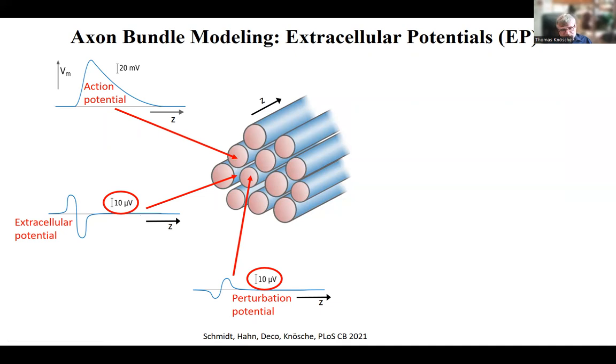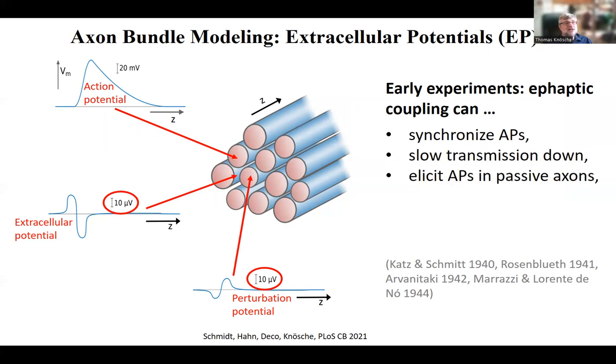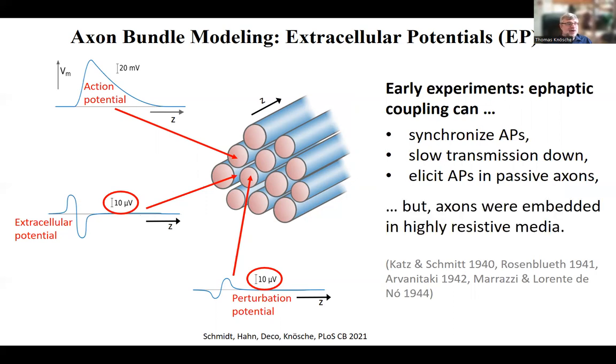On the other hand, early experiments in the 1940s have shown that ephaptic coupling actually exists and can synchronize action potentials, slow transmission down, and even elicit action potentials in passive axons. However, the conditions were different. These were ex vivo experiments where the axons were few in number and embedded in highly resistive media.